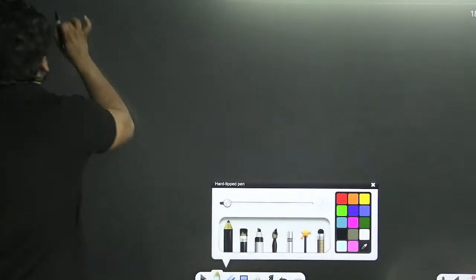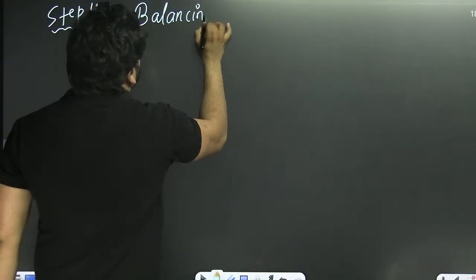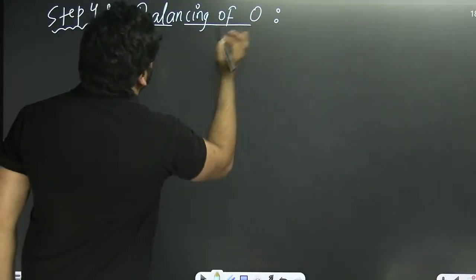Step 4 says balancing of oxygen. Balancing of what? Oxygen. How do you balance the oxygen?